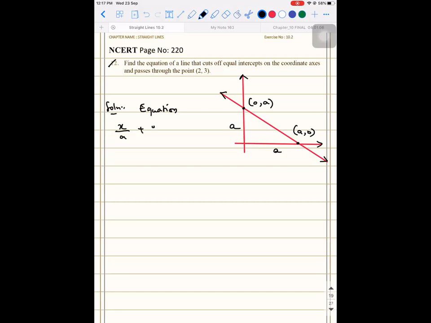X by A plus y by A is 1. Right? Line passes through which point? 2, 3. So you substitute 2, 3 in the above equation. 2 by A plus 3 by A will be equal to 1, which implies A is equal to 5.